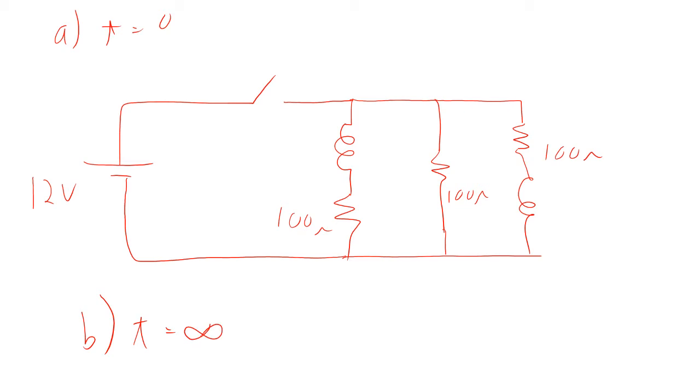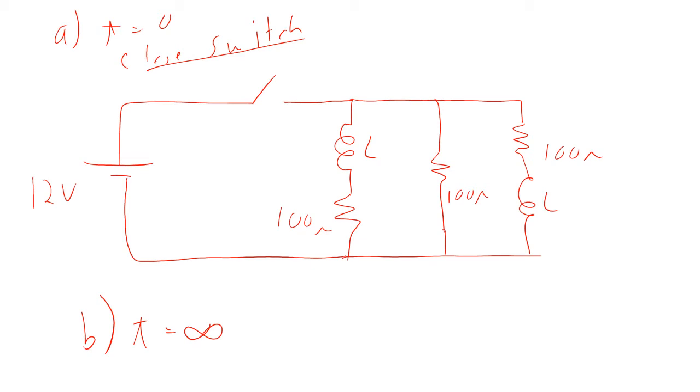And so when we first close the switch, what happens? When we first close the switch, the inductors don't want to have current flow. So it doesn't really matter what the inductors are.